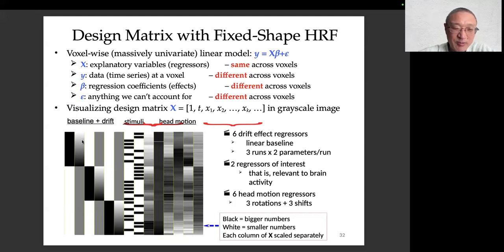You see the first third is black, and the remaining 2/3 of the first column is white, because for the first run the baseline only applies to the first 1/3. The rest we don't need to model.